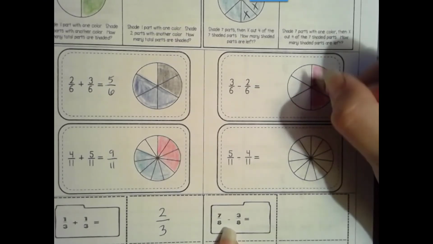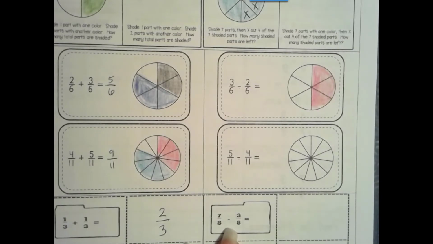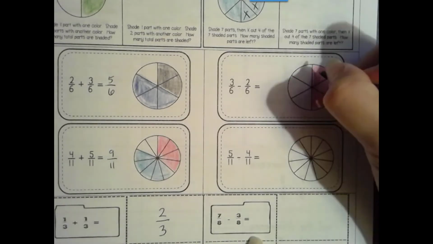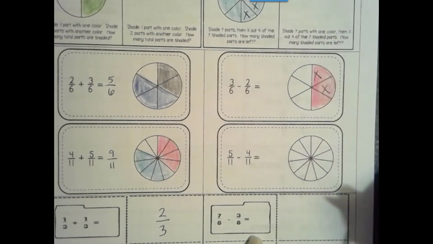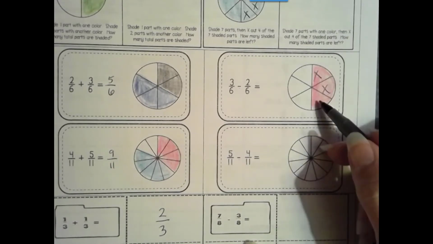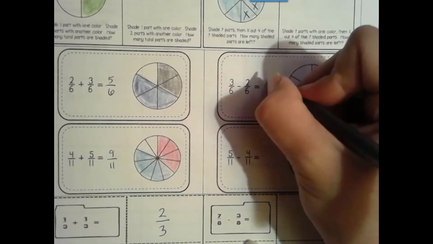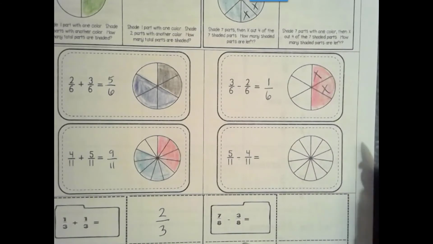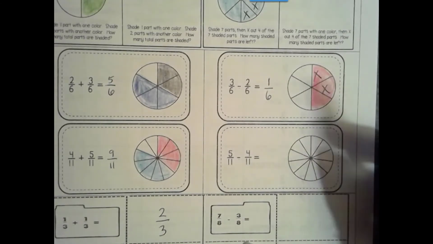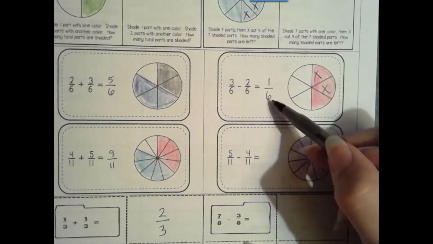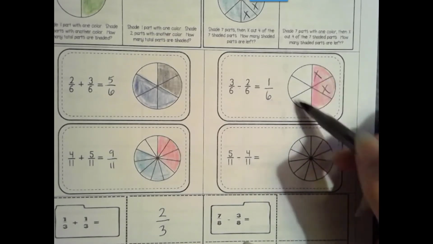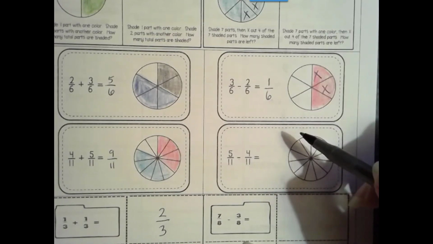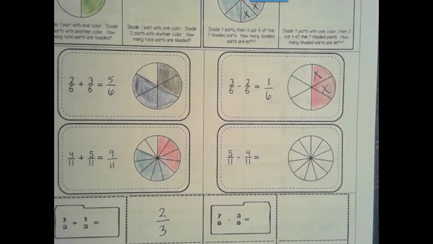This would be like 3 pieces of pizza left over. And I'm going to eat 2 of them. I'm going to take away 2 of them. And I'm left with 1 out of 6 possible. 3 take away 2 is 1. The 6 stays the same because it's still cut up into 6 pieces. That's the total amount of pieces of that whole.